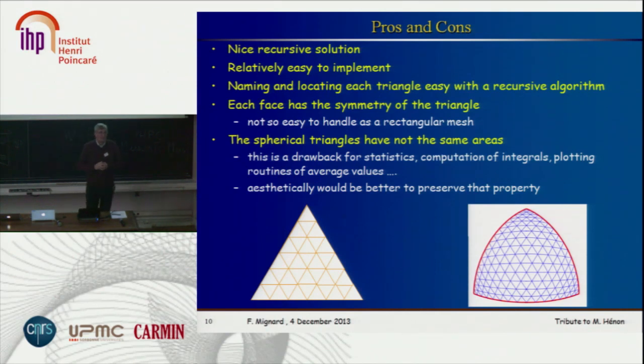When you want to replace a discrete sum by an integral, you have to take into account the fact that the surface of each triangle is not equal. When you want to determine or plot the density of something given in these triangles, you have to go into the surface of each triangle to correct the density. The factor could be a factor of 2. It's not negligible. So it's not perfect.